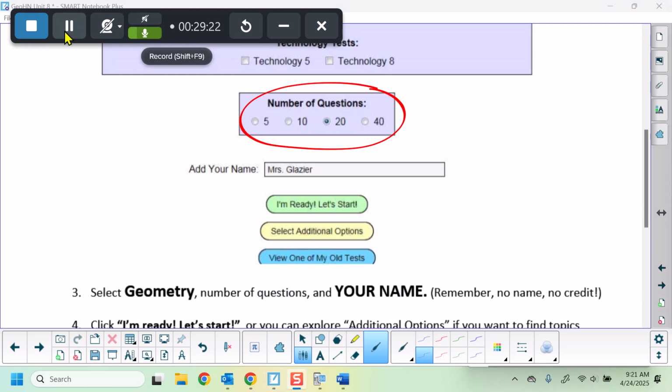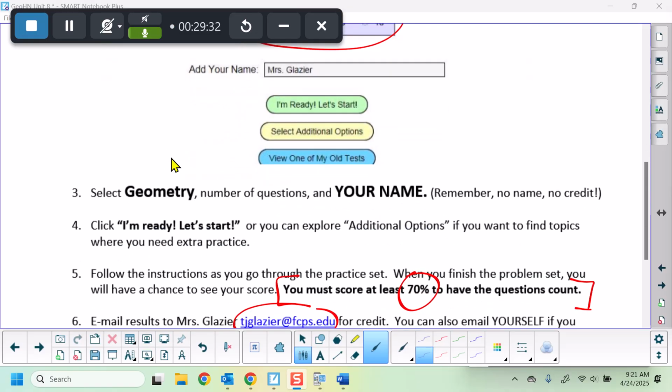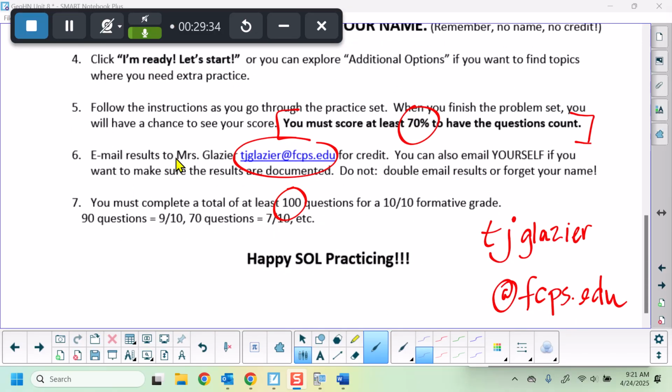I want to follow up on the conversation with this blue piece of paper. We want to make sure that you understand about emailing me your results. If you don't get at least a 70% on the quiz, don't send it to me because I'm not going to count it.